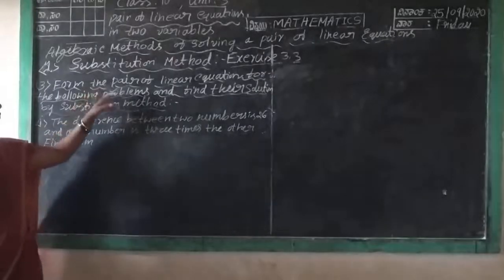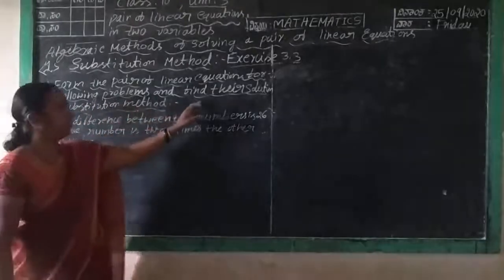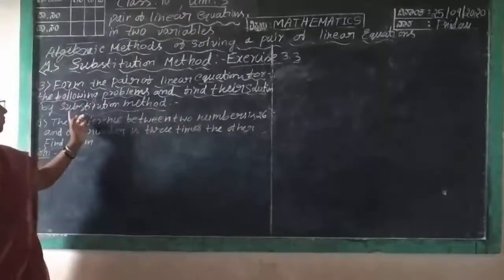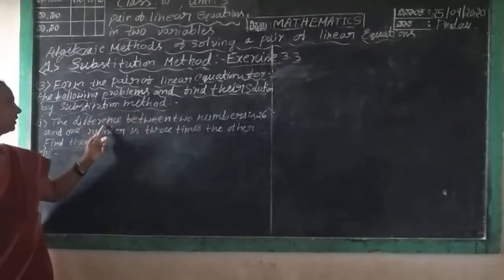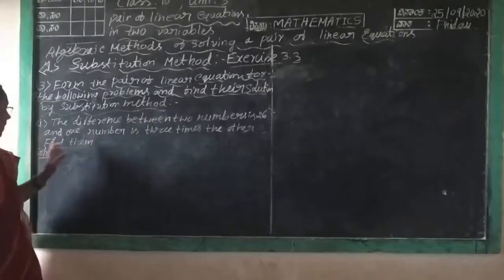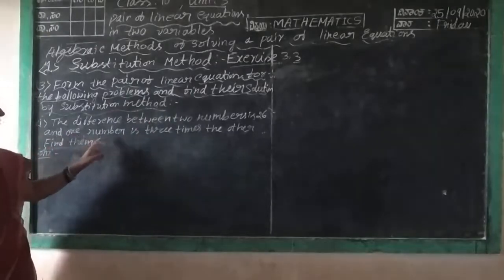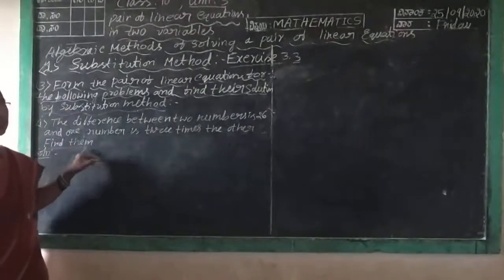Then form the pair of linear equations for the following problems and find the solution by the substitution method. First problem: the difference between two numbers is 26 and one number is 3 times the other. Then find them.